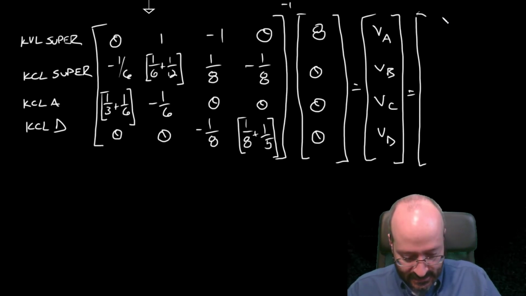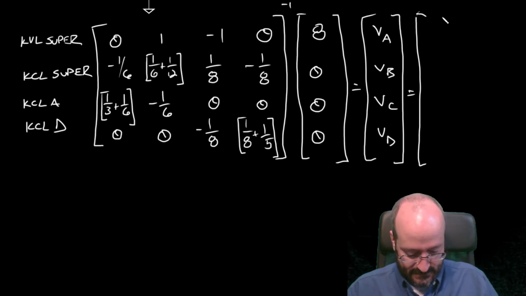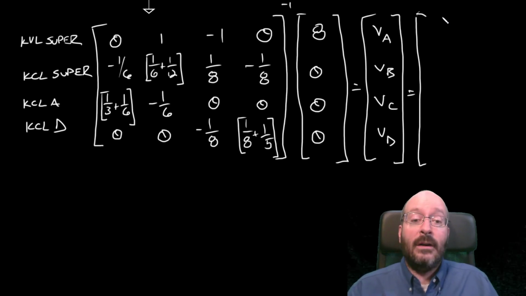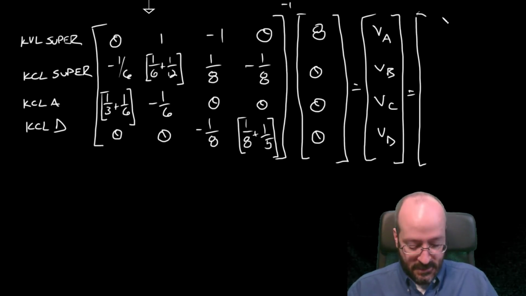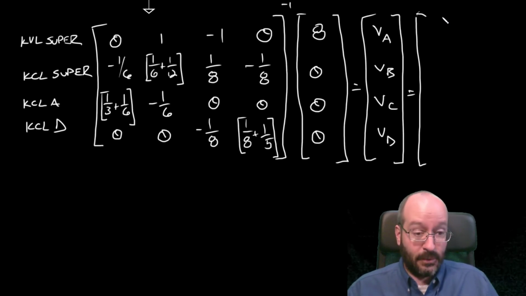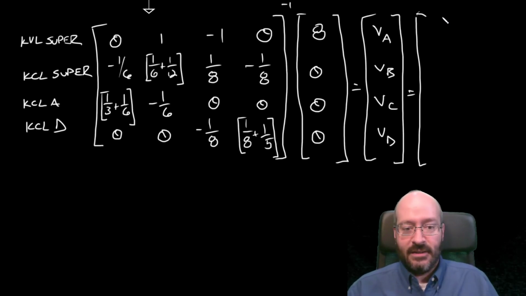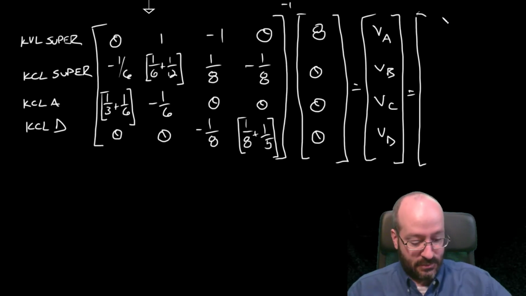Negative 1/6. Positive 1/6 and positive 1/12. 8 inverted, negative 8 inverted, and 0. That's 0.5, negative 6 inverted, 0, 0, 0. Oh, these get a little faster. 0, 0, negative 8 inverted, 8 inverted plus 5 inverted, and 0.